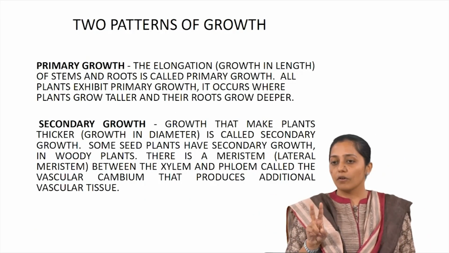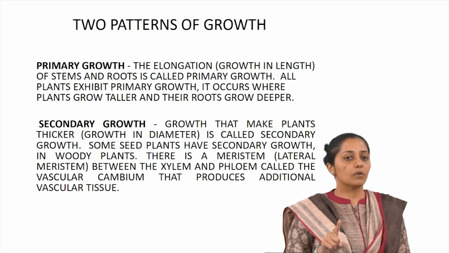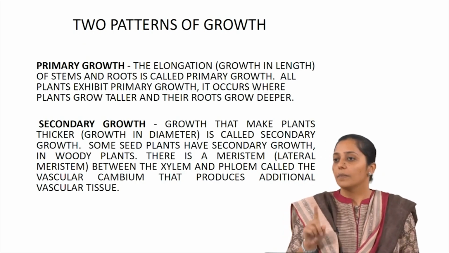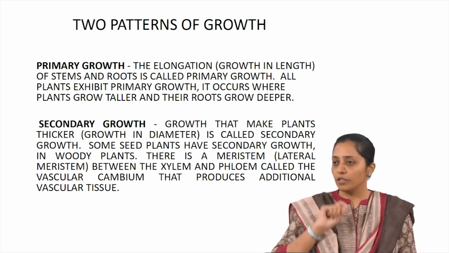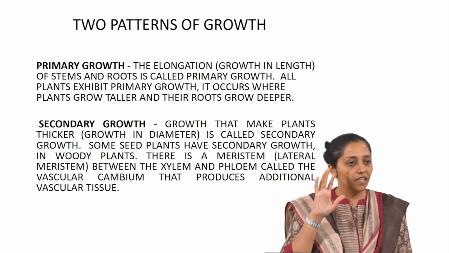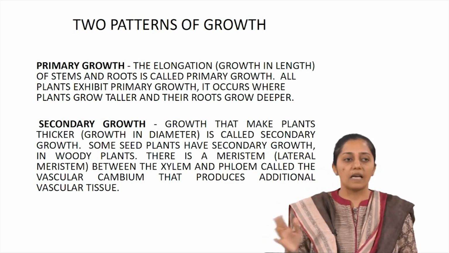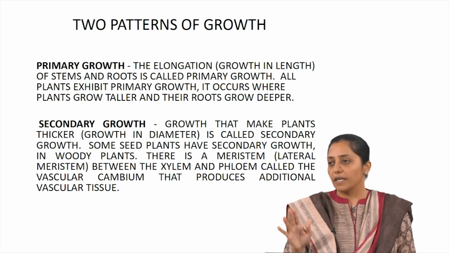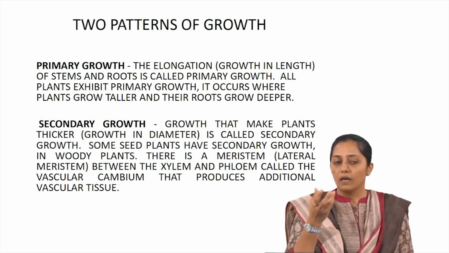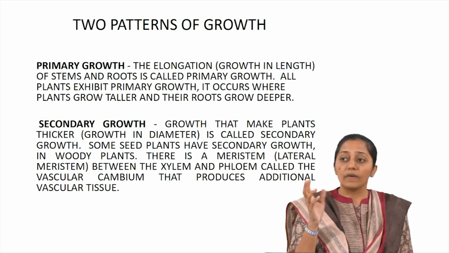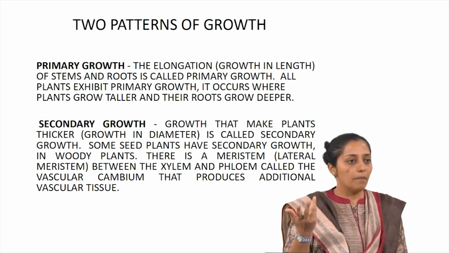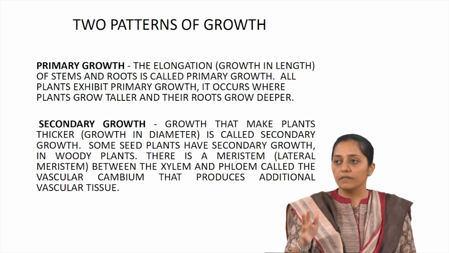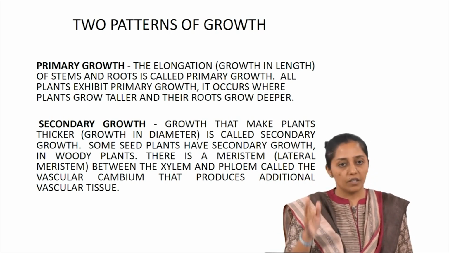There are two patterns of growth. One is primary growth and the second is secondary growth. Primary growth is where elongation or lengthening of the aerial parts or the underground parts is happening. That is by the meristematic tissue only. Not all throughout, like animals or mammals, once the growth has happened, we don't keep growing continuously.